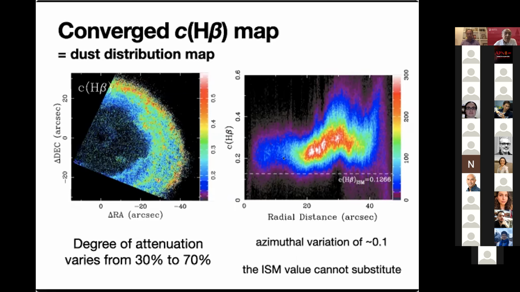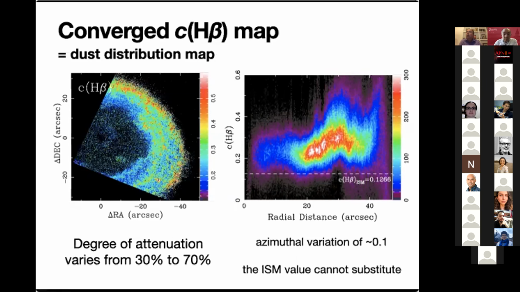So now we have indeed obtained the circumstellar component of the extinction. Some people just pick the ISM value for extinction and use that to correct their spectrum, but that's a huge no-no, and it's going to underestimate your extinction.